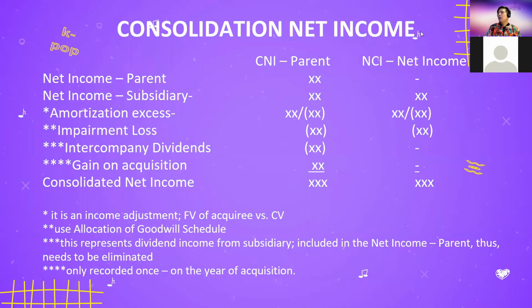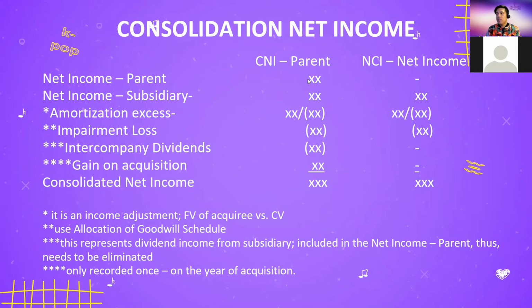If we're going to compute the consolidated net income, first we'll compute the consolidated net income attributable to the parent and the non-controlling interest. Say we have net income of the parent.